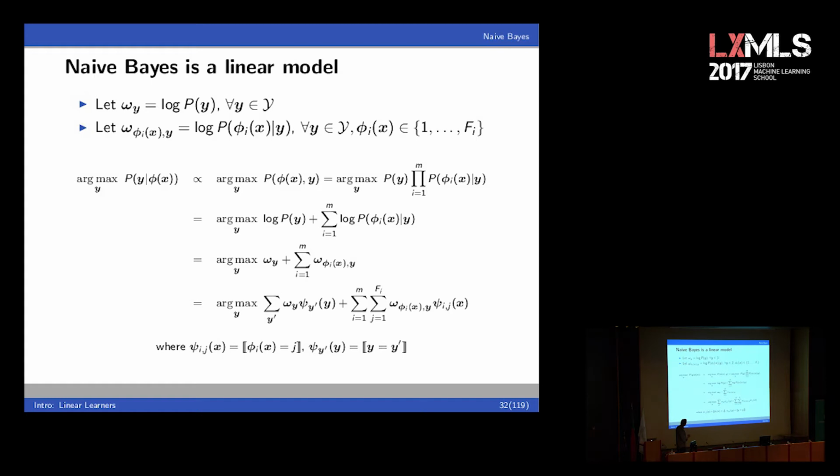If you just take the parameters as log probabilities and you define features as instantiations of feature values, then by reformulating the model a little bit, with log probabilities and counting how often you see this event, you have this linear model where you have W and phi just counts: do I see this label, do I see this feature, and W is the log probability. So it's a linear model.